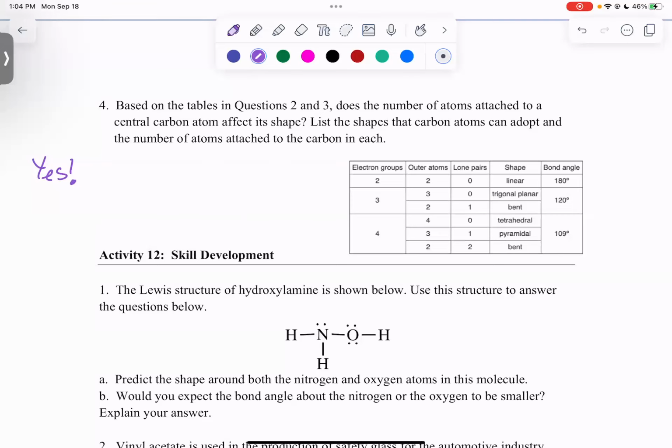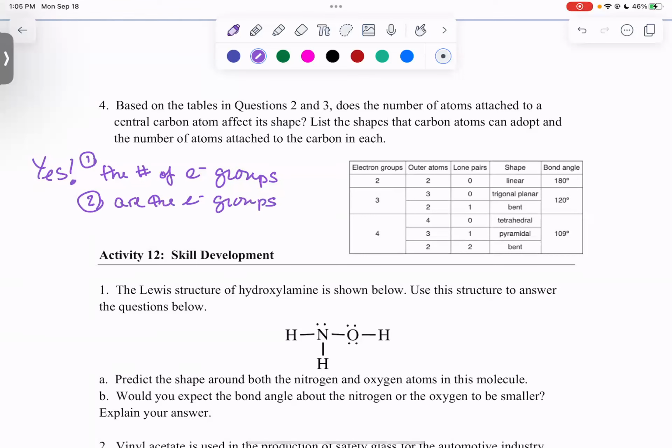So really it's about, is it a bonded pair of electrons or is it a lone pair of electrons? So the number of electron groups matters. That's one thing. And the second thing is, are the electron groups bonded or lone pairs? That's the 2 things that we have to look at.